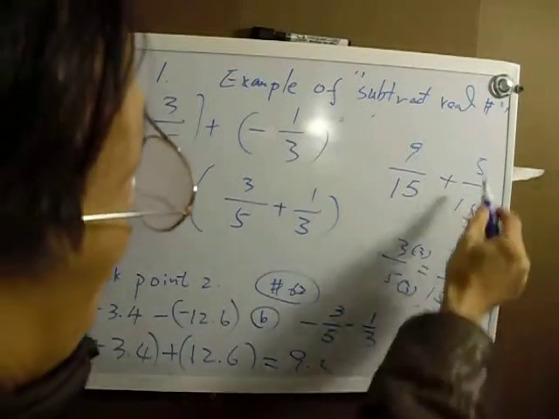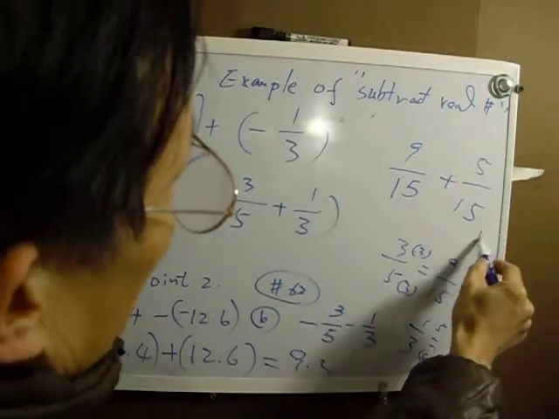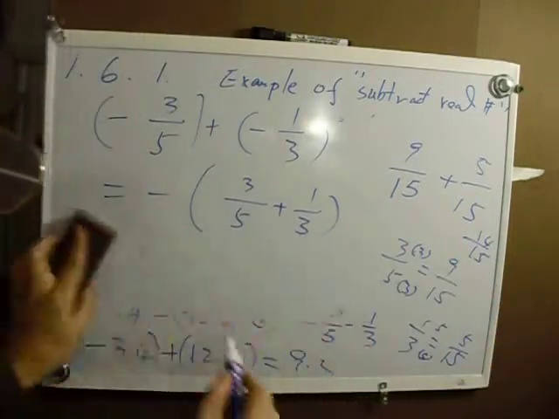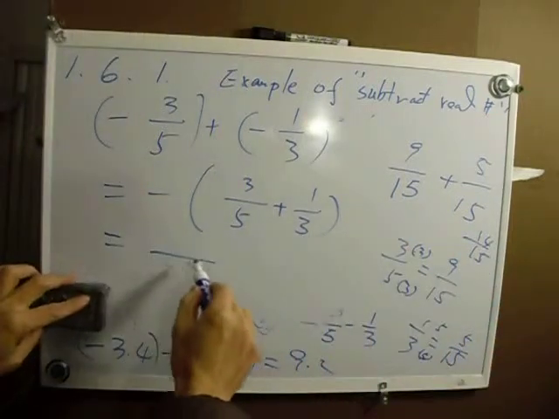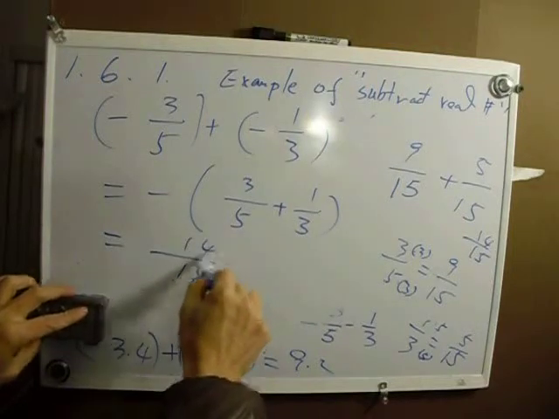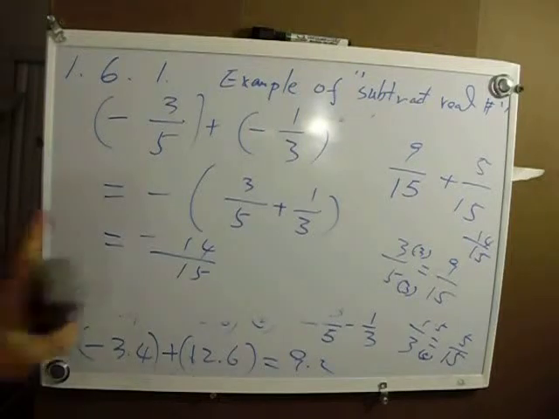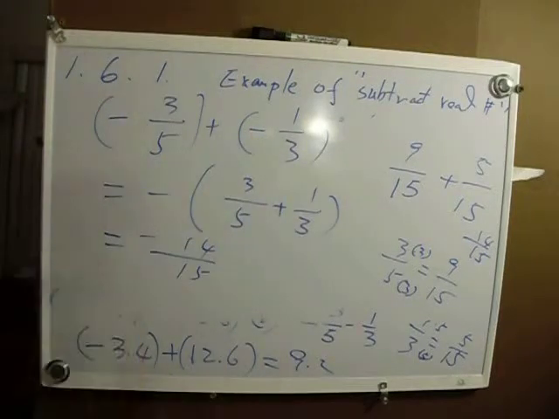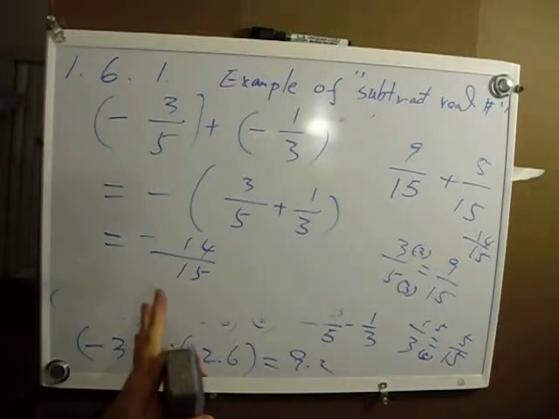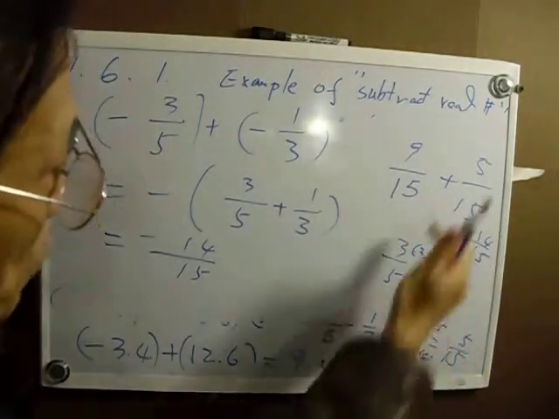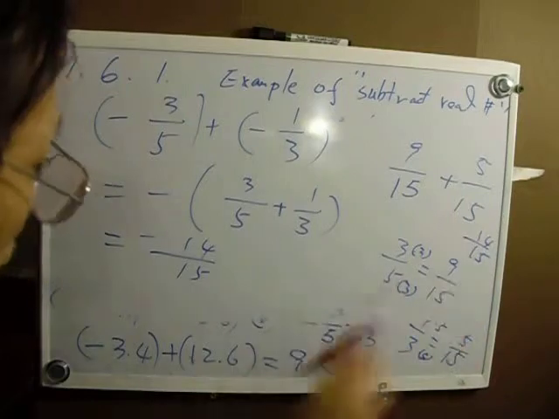You get 9 plus 5, 14/15. You put your result equal to 14/15 with the negative sign. That's negative 14/15. So that's how we handle the fraction. Okay? When you do your homework, with these kinds of fractions, always use your scratch paper to convert to equivalent fractions.